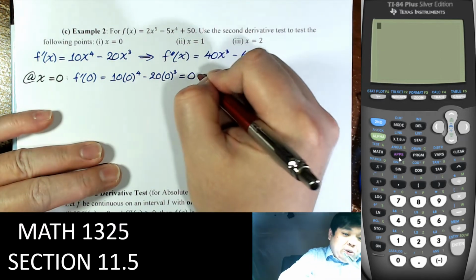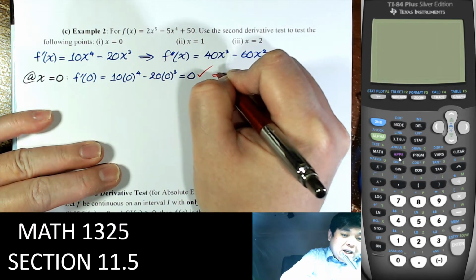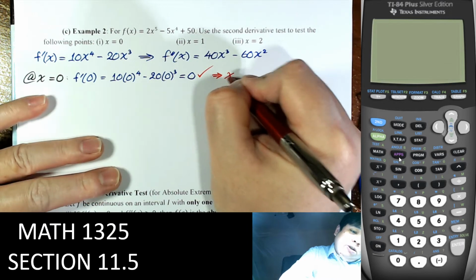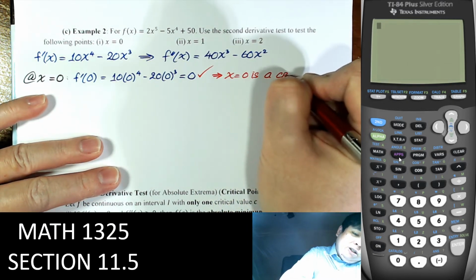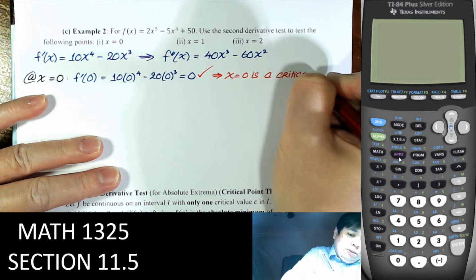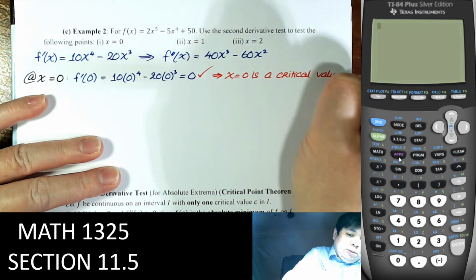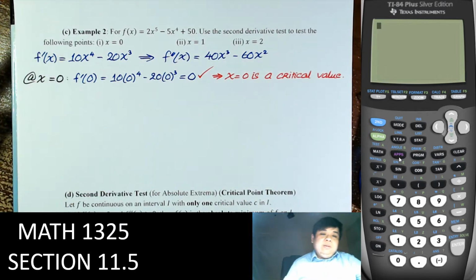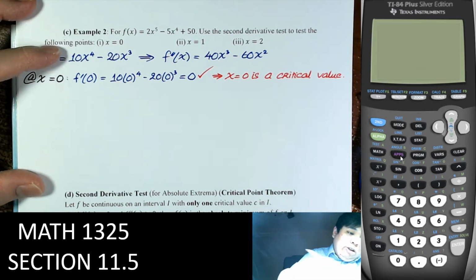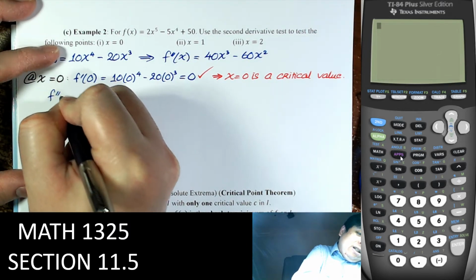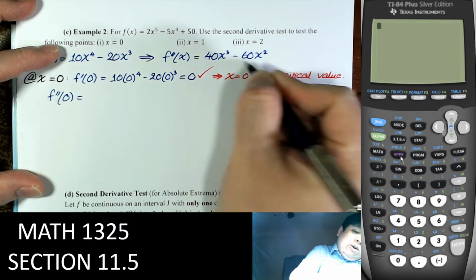Well, we need to do that so we can say that x equal to 0 is a critical value, a critical number. And then we can go to the second derivative test. Only then. Put 0 in the second derivative.